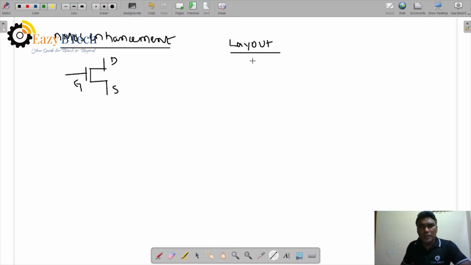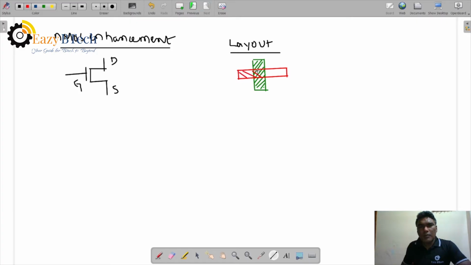So the drain and source are diffusion, forward lines with a nearer distance. And you see this one is the gate. The gate is deposited on drain and source. These two, drain and source, are separated, and polysilicon is separated by thin oxide.